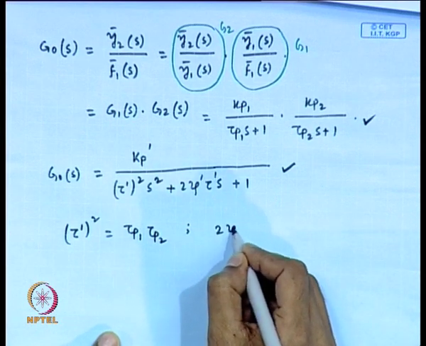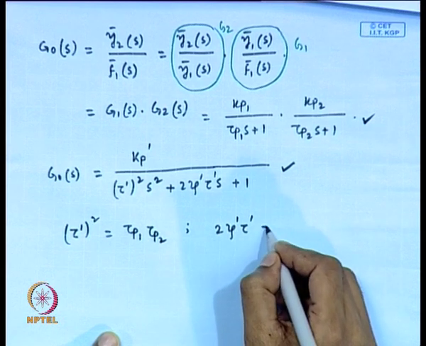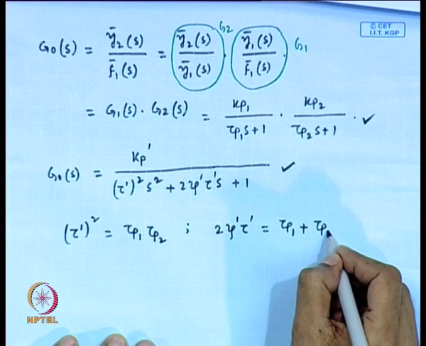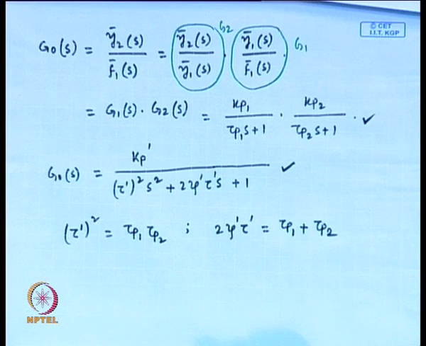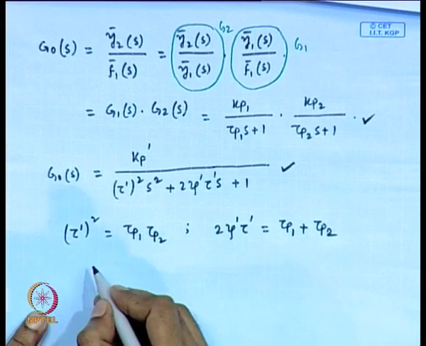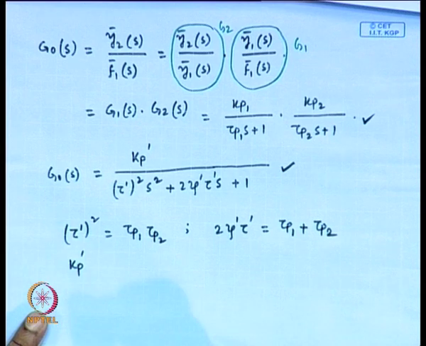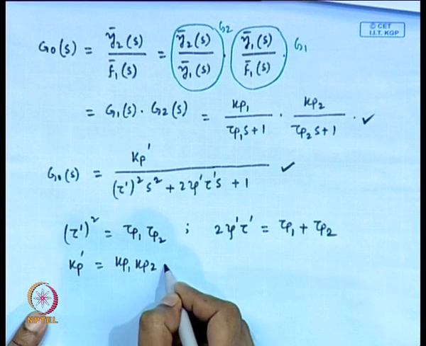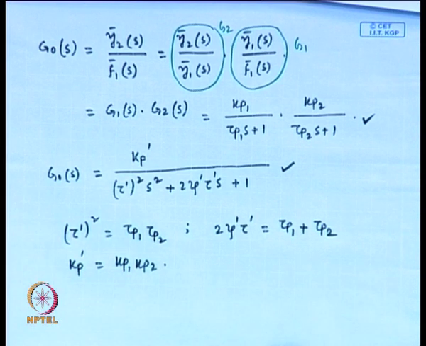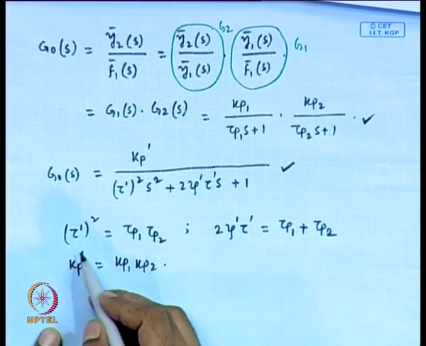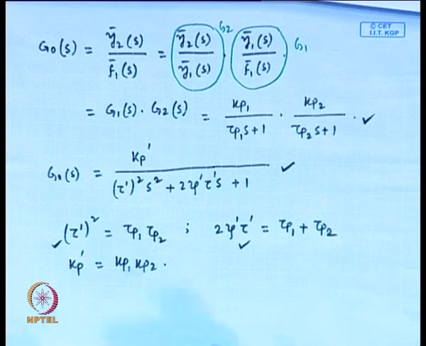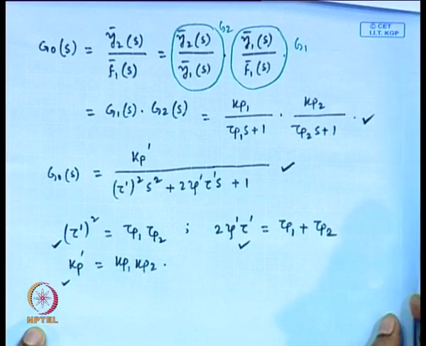And 2 zeta prime tau prime equals tau p 1 plus tau p 2, and third term, that is k p prime, equals k p 1 k p 2. Fine. So, this is the tau prime expression, this is the expression for 2 zeta prime tau prime and this is the expression for k p prime.